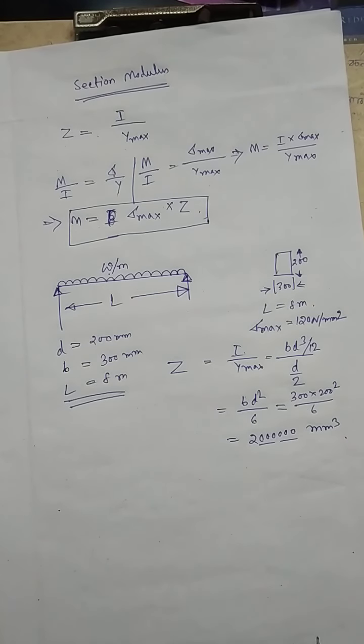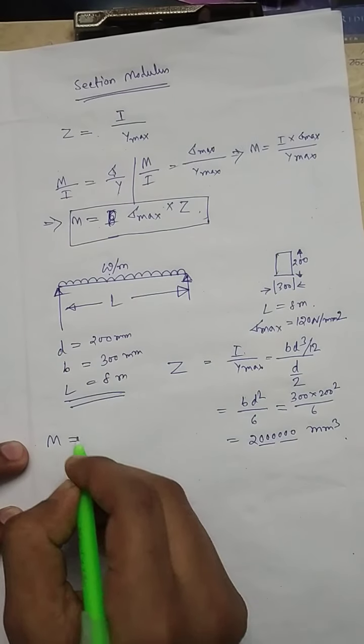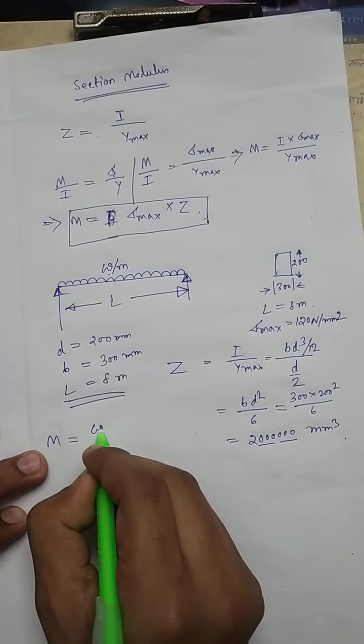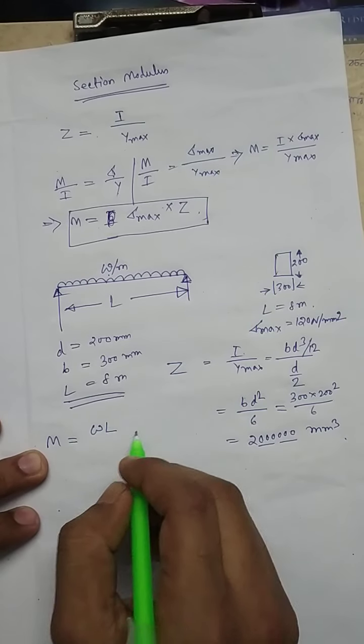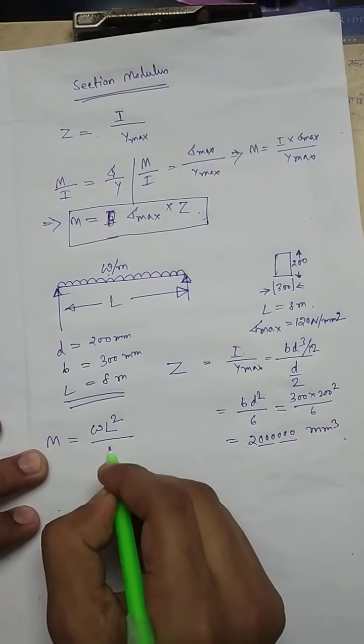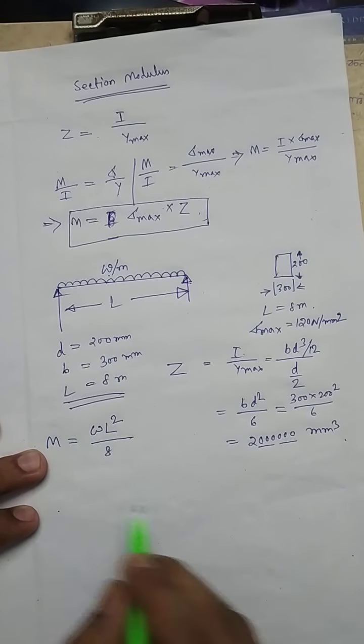This is Z. Now we will use the formula M. We know in our shear force bending moment chapter that the bending moment for a simply supported beam is WL square by 8 in this case.